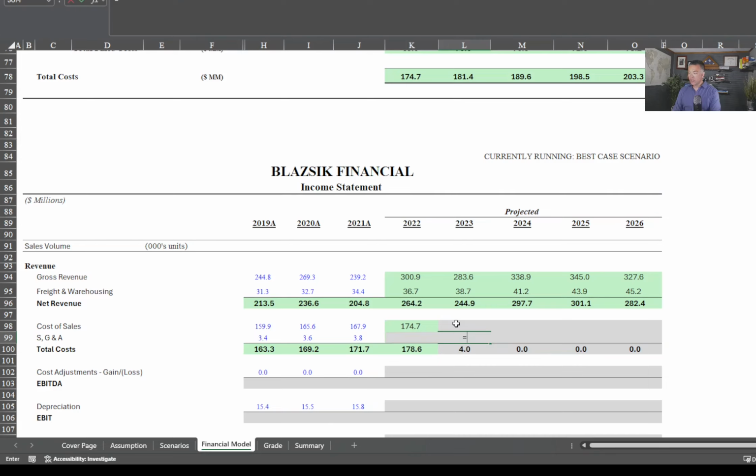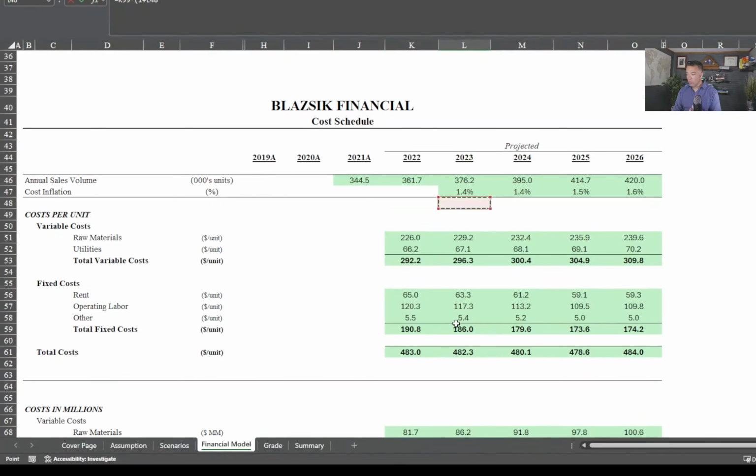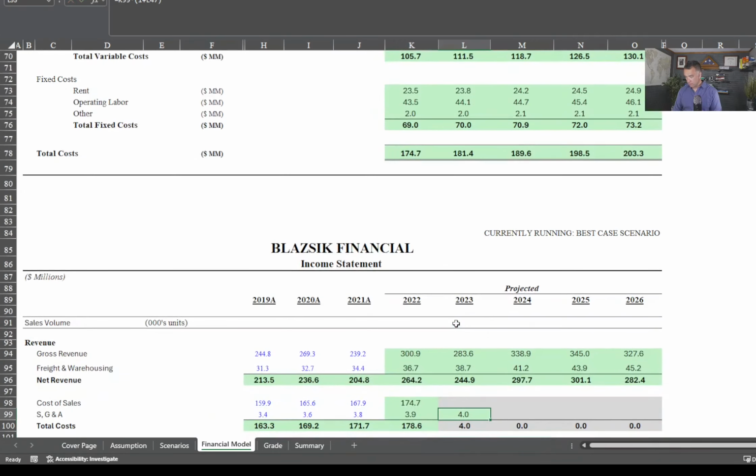I'm going to hit 2023 projected is going to be the previous, multiply times 1 plus. And what I'm going to do here, I'm going to go straight up to the cost schedule, which I already have inflation in there, and we want 2023, not 22. That's going to mess up our projections if we got that incorrect. And now that's correct.